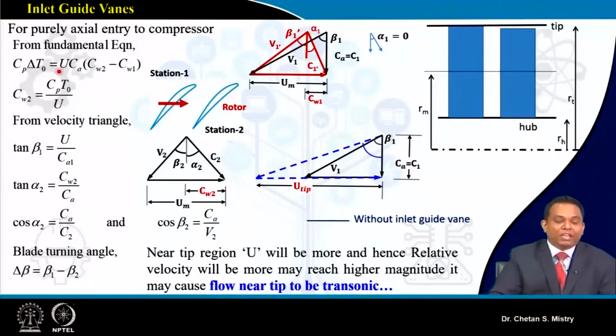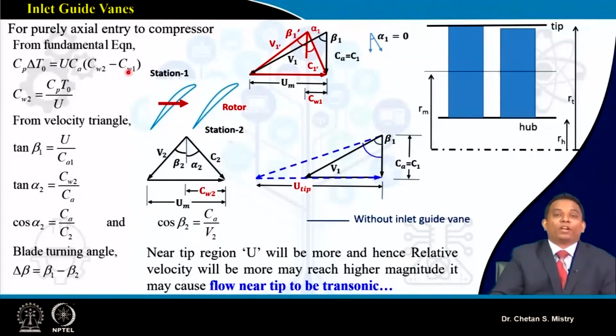So you can see in this equation, the incorporation of my CW1 leads to reduction in my compression work. That means the pressurizing capacity of my compressor will be reducing. So in other words, to achieve the pressure rise we are looking for, it may require increasing the number of stages. So by incorporating this inlet guide vane, you are looking for more number of stages.